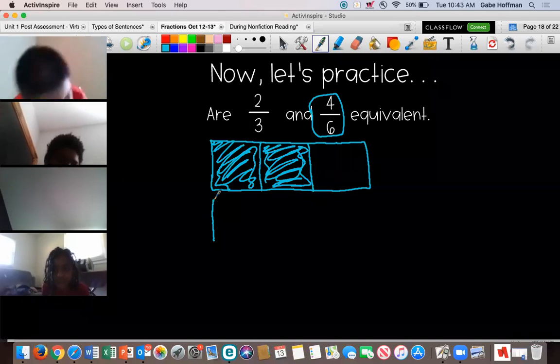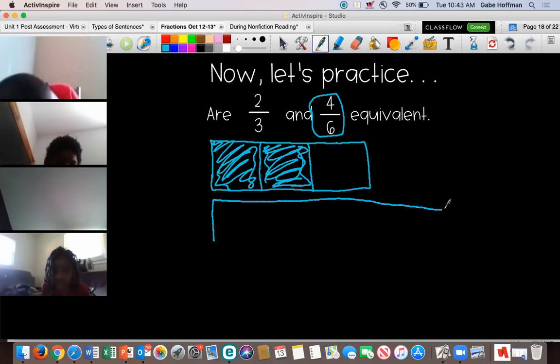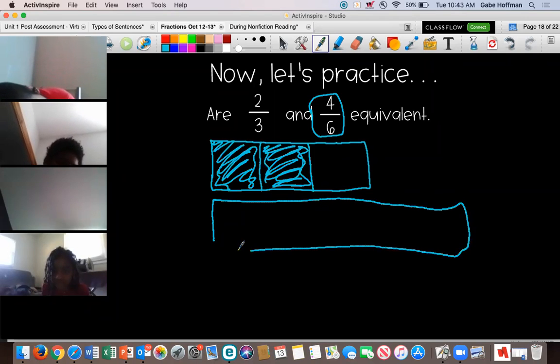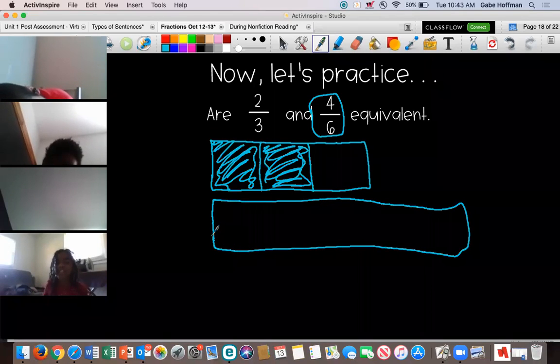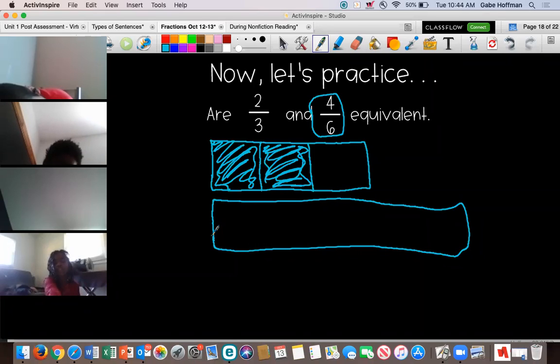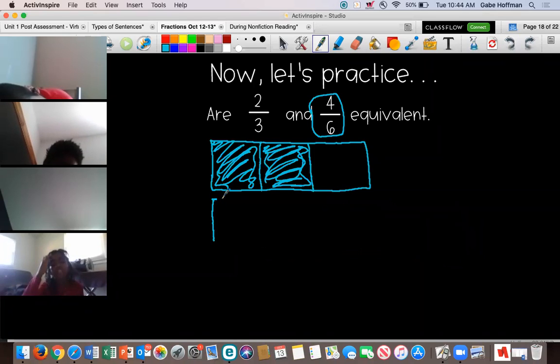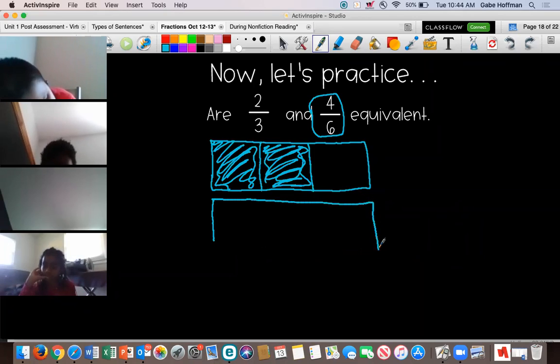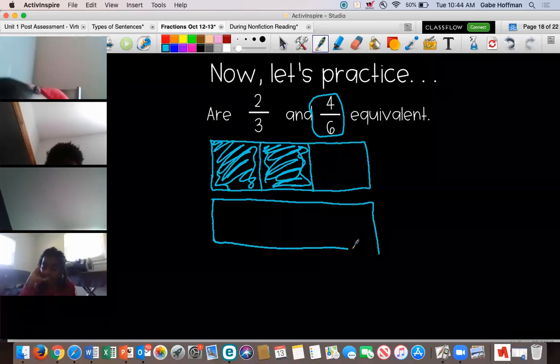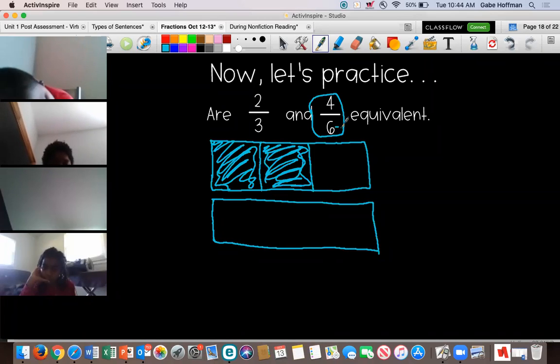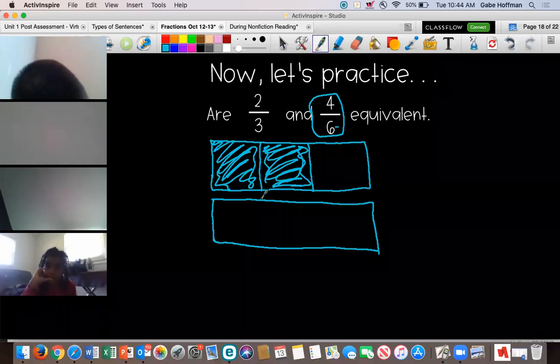Right, but can I draw it like this? Pretend that's... No, it has to be just like the first square. Yep, it needs to be the same size as the first one. And how many pieces am I dividing it up into? How many equal pieces? For 4/6.